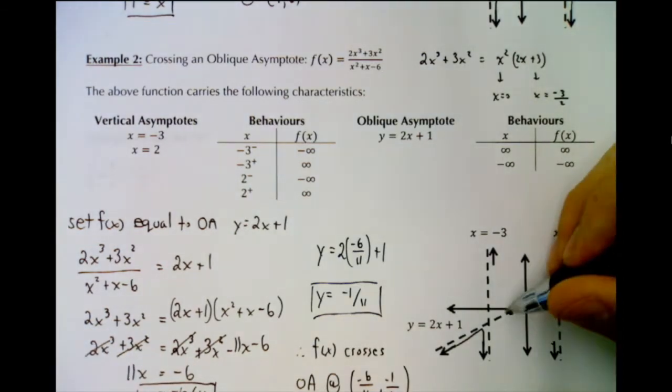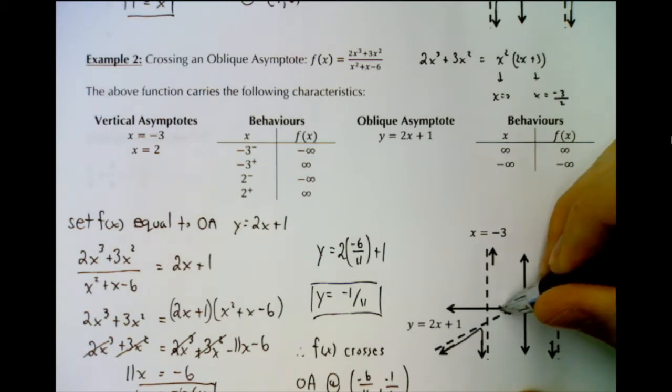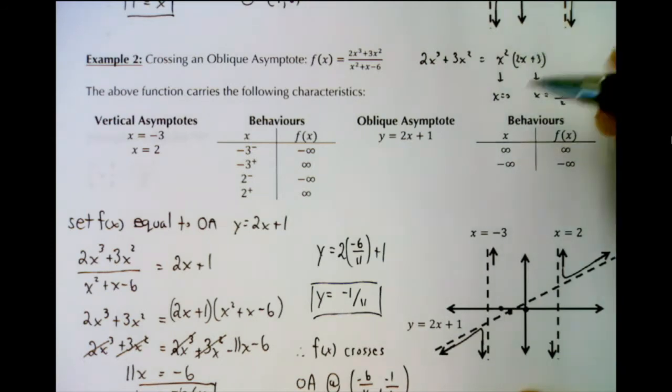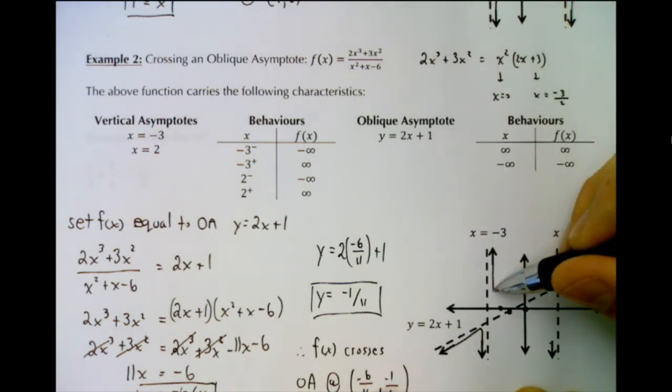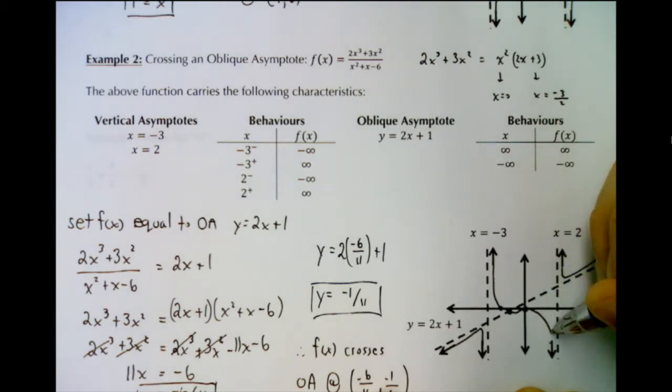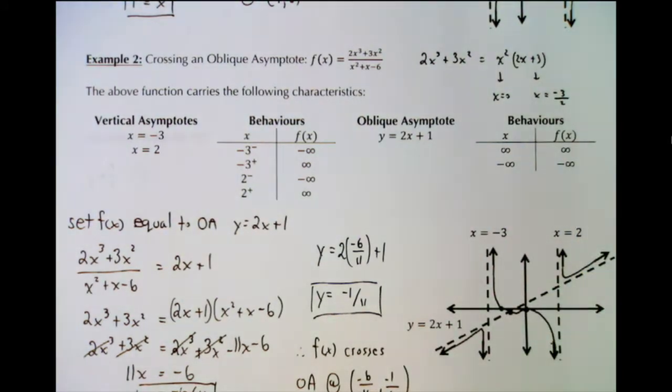So we're going to cross here, and we're going to cross again at 0, but it's going to bounce off because it's of order 2. So our graph's going to go down, look like this, bend up, touch, and then bounce back down. And that's pretty funky behavior in this area here, but that is what it looks like. Two x-intercepts, y-intercept, crossing the asymptote right here.